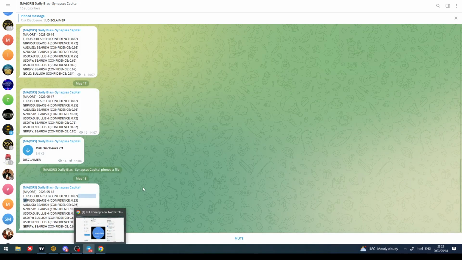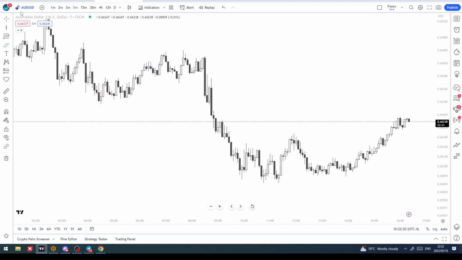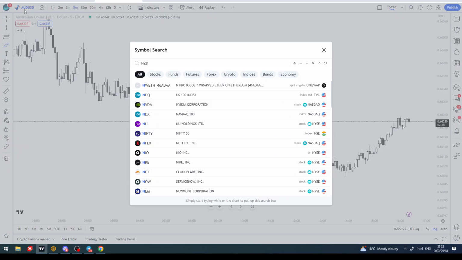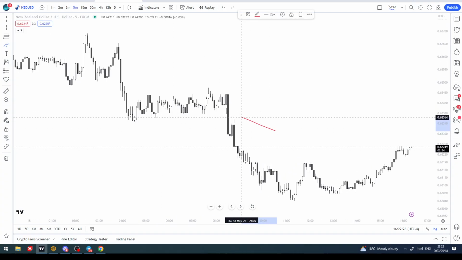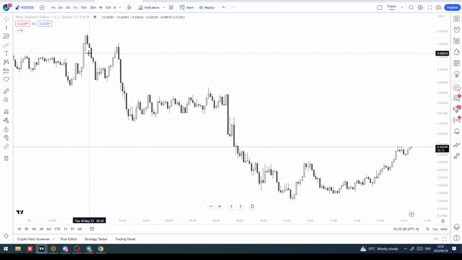NZDUSD, bearish confidence 51%, right? So like I've mentioned before, and what I've been told is that we need to look at confidence rates above 75%. So let's look at NZDUSD just as an example and see how things can go wrong if you don't pay attention. 8:30 again, long down candle.